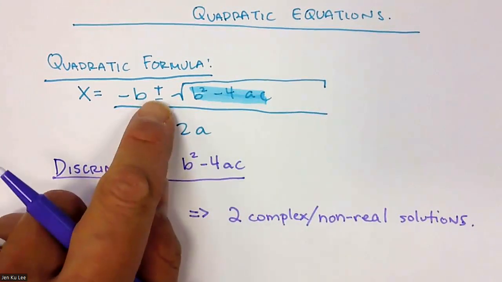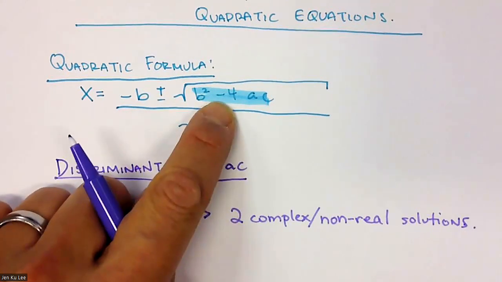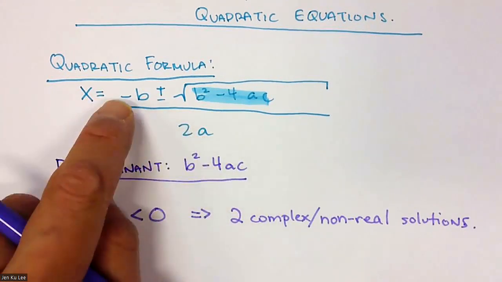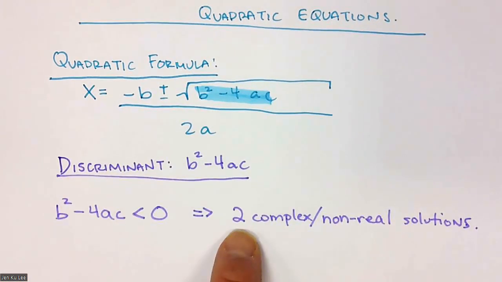Yeah, because of the plus or the minus, right? It's going to be negative b plus an imaginary number divided by 2a, and negative b minus the imaginary number divided by 2a. That's why I have 2 of them.